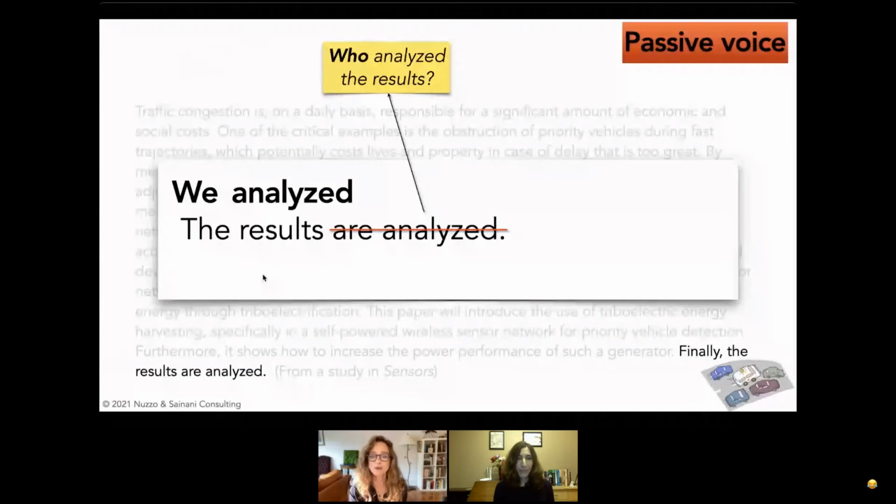And I think it's important to kind of focus on this. So you talked about how it's cognitively easier for the reader when we're introducing that we in there, or the active voice. I wanted to point out another reason here. I think it's important to take responsibility for the actions that you took during the research process. So we analyzed the results. We made analytic decisions.